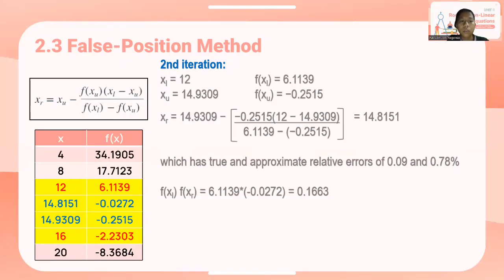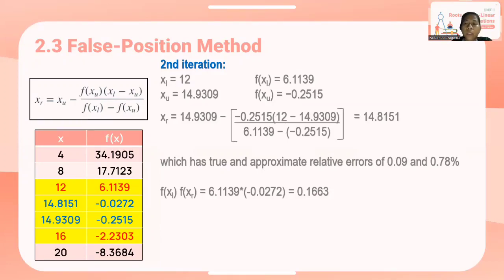XR equals 14.9309 minus the function of XU, negative 0.2515 times 12, minus 14.9309 over 6.1139 minus 0.2515.